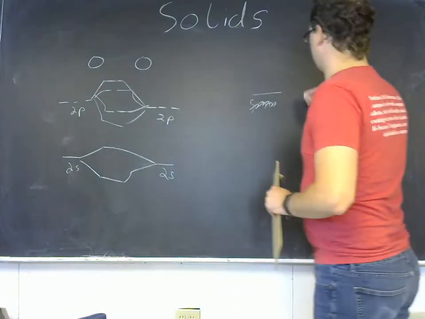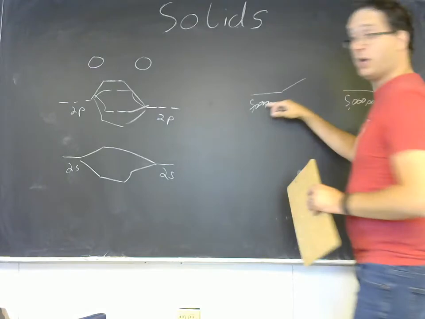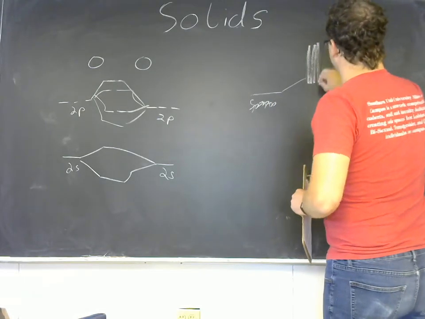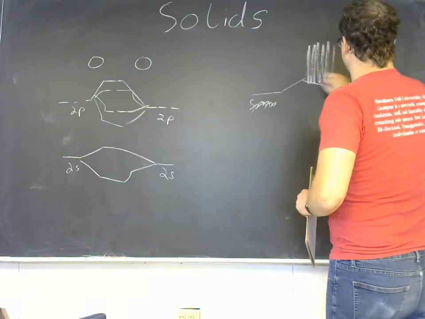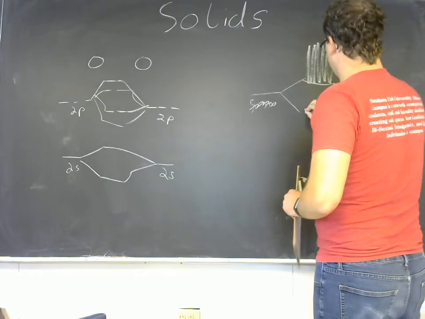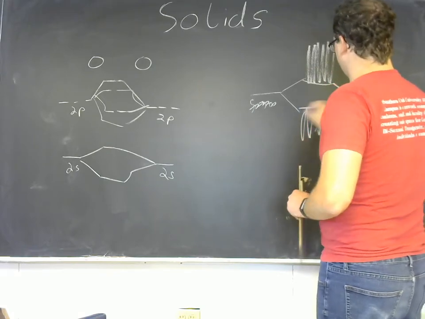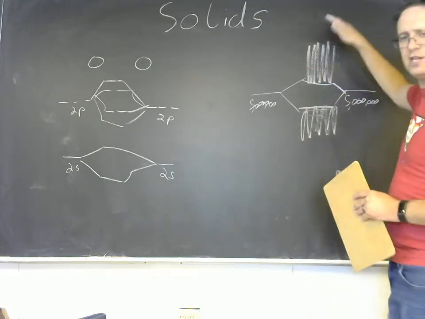They're going to produce millions of energy levels, and those energy levels will be so close to one another that they're no longer discrete. There's just like a continuum of energy levels here.